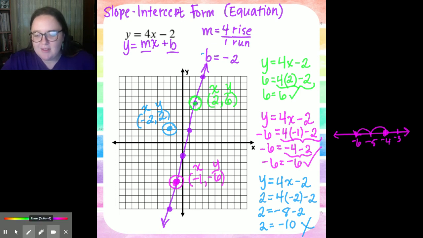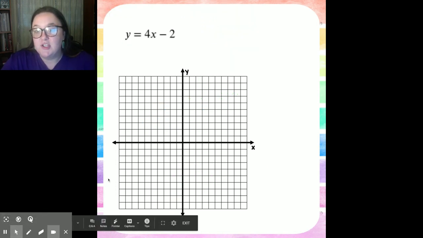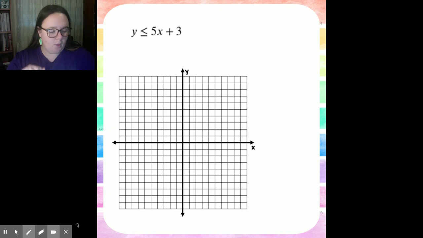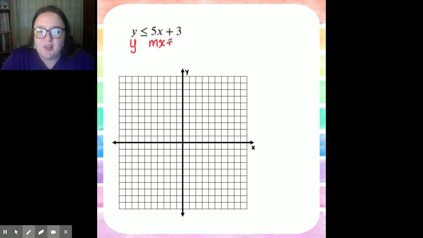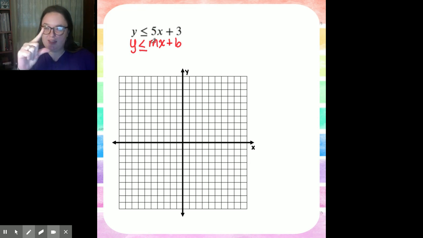Okay, now let's go ahead and clear this, and we are going to do an inequality for our next one, right? We haven't graphed inequalities yet, so let's make sure we know how this works, okay? If you look at this inequality, it looks like y equals mx plus b, but there's not an equal sign. There's this symbol, and remember, if you remember back to that vocabulary words on that first slide, that symbol looks like this. That's my left hand.